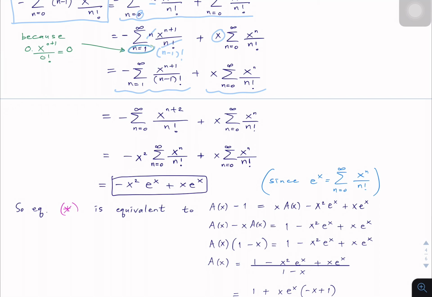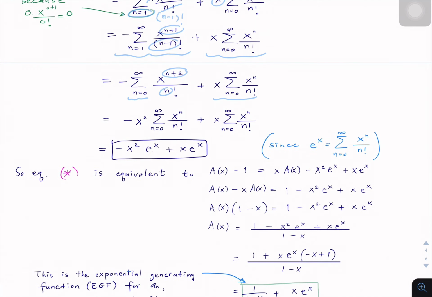So I will change this back to starting at 0. The n plus 1 becomes n plus 2, and n minus 1 becomes n. The second part is still the same. And now I will move the x squared out.